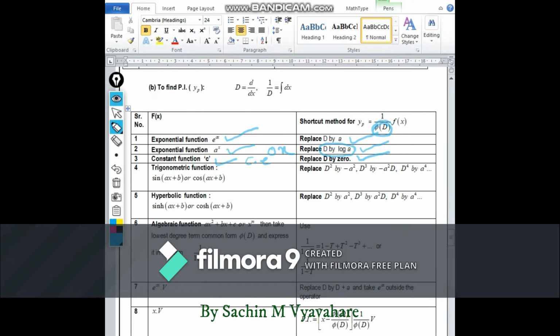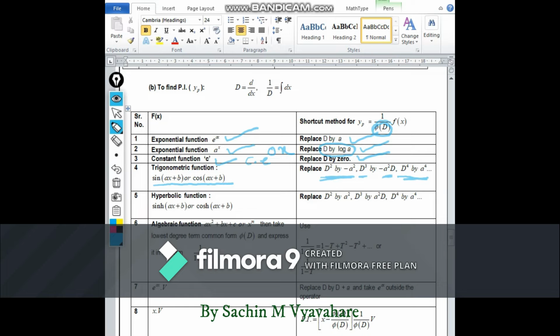Next, we have the trigonometric function, sin(ax+b) or cos(ax+b). In some cases, only sin ax or only cos ax is there. In such a case, we replace every D square by minus a square. Remember, there is no replacement for D. D we have to keep as it is. Only D square can be replaced by minus a square. If a term of D cube is there, then we replace it by minus a square D, and D raised to 4 we replace by a raised to 4.